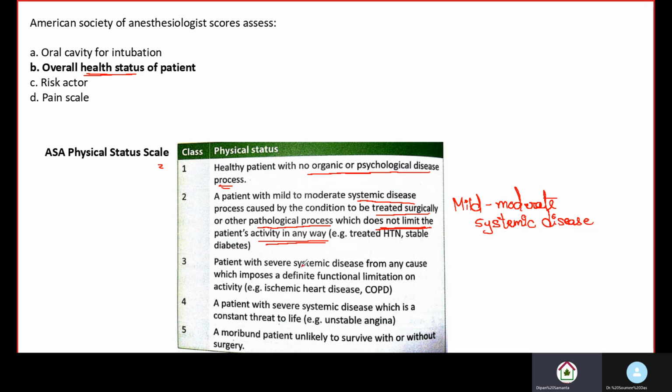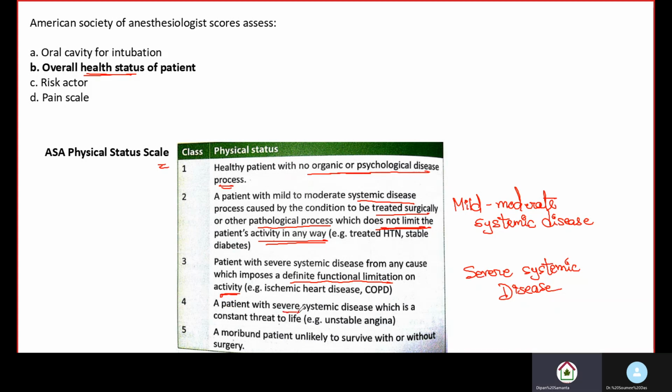Number 3, patients with severe systemic disease, class 3, from any cause which imposes a definite functional limitation on activity.